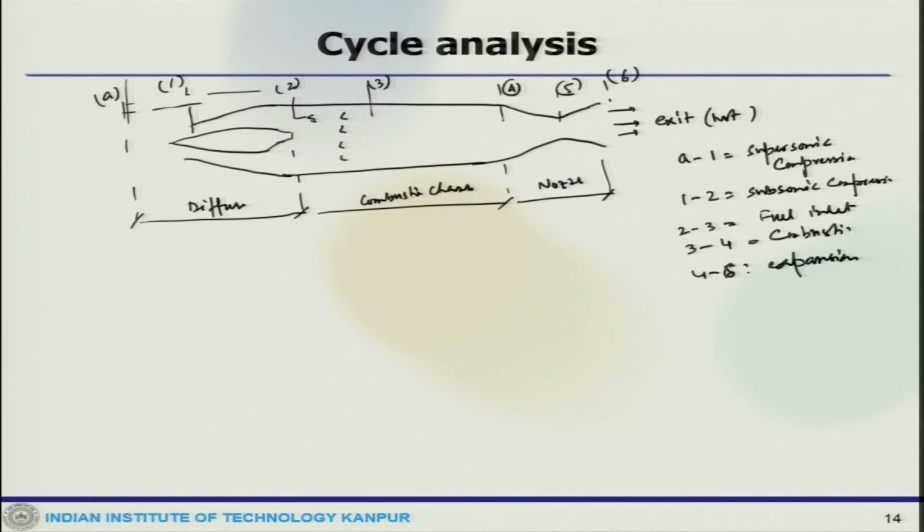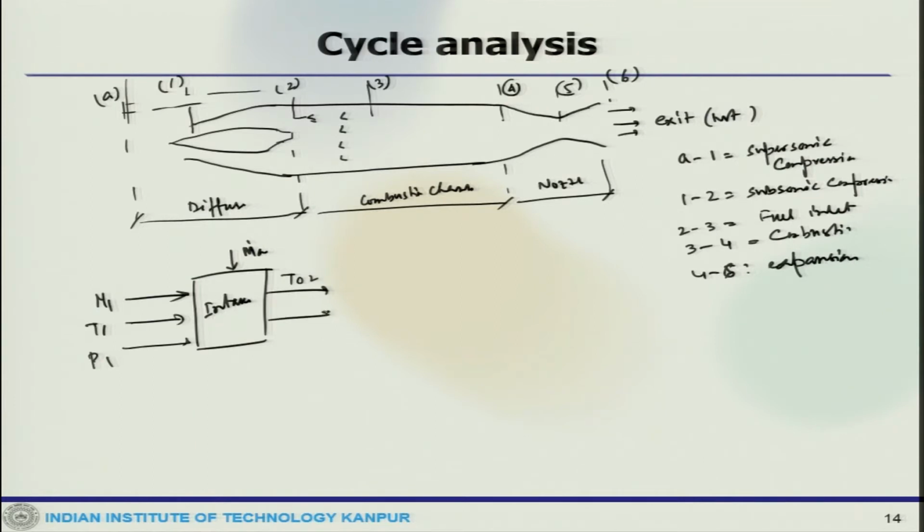If you put a block diagram to that, it will look like this: you have the intake where M1 comes in, T1, P1, this is where your mass flow m dot A goes, T02, P02.